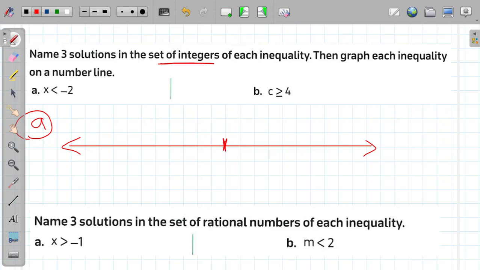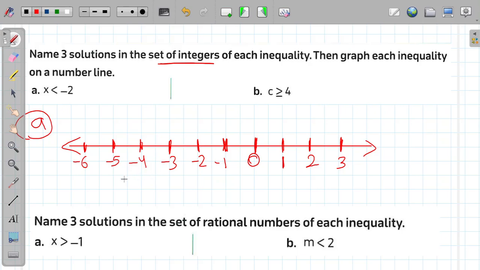So I have here 1, 2, 3, 4, 5, and here I have 1, 2, 3, 4, 5. So I will write 0 like this, and here I have 1, 2, 3, and here I have -1, -2, -3, -4, -5, -6, okay?